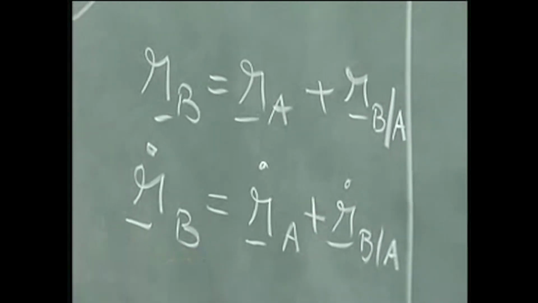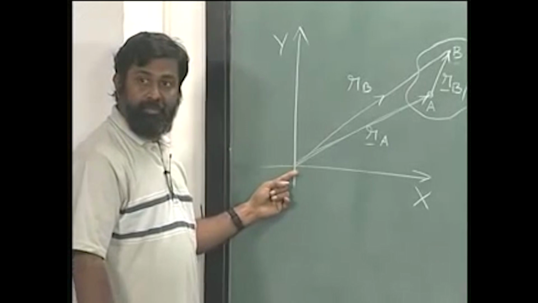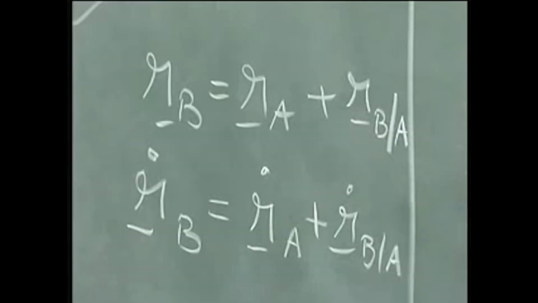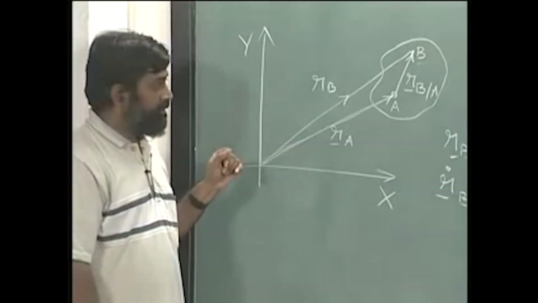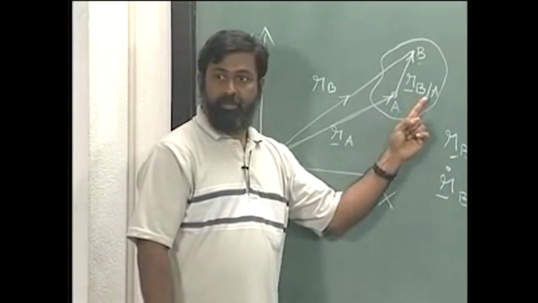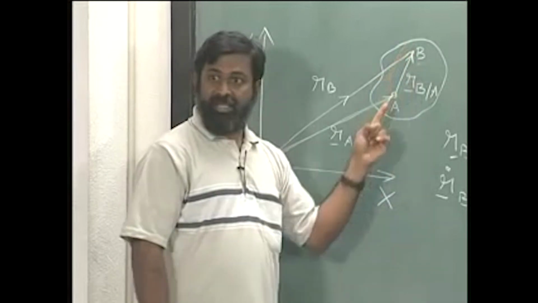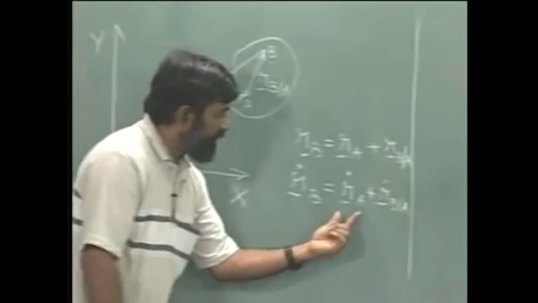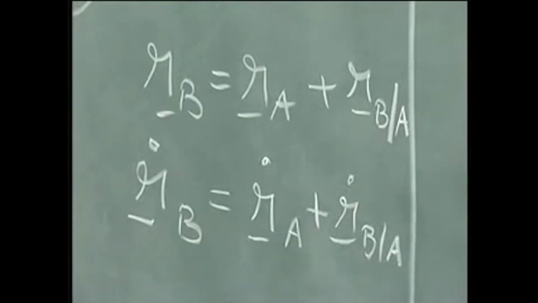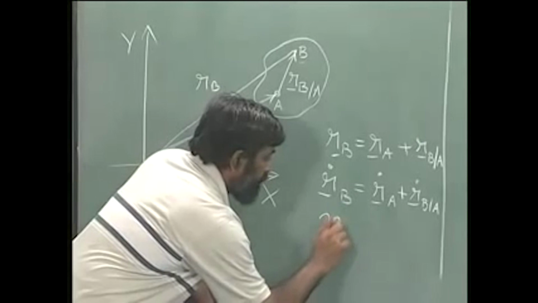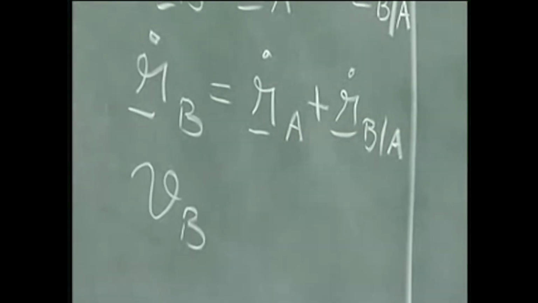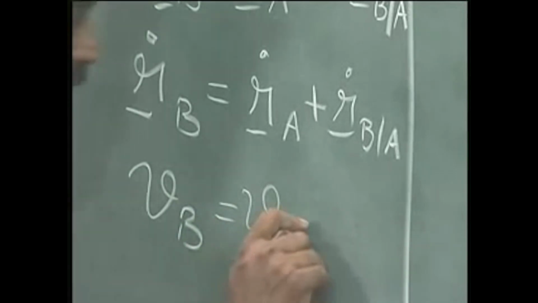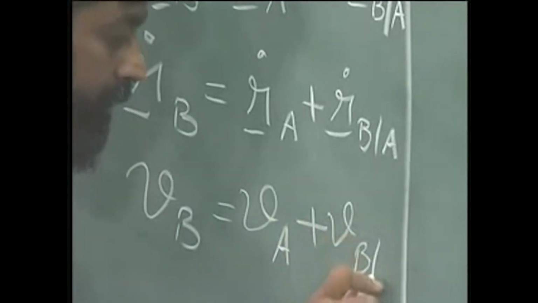R B is defined with respect to the origin of the frame. R A is defined with respect to this, whereas R B with respect to A is a relative position, alright, and therefore, these two there is no problem. With respect to the fixed frame, this will be the velocity of B, this will be the velocity of A, and this will be the velocity of B with respect to A.